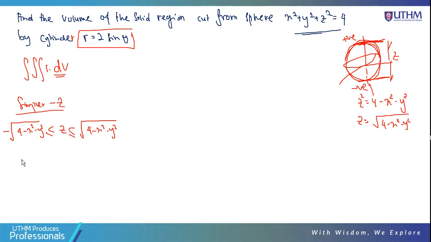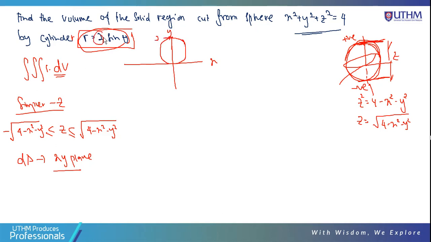So yang tinggal dA. So dA in the xy plane. So you can tengok pada cylinder, dia cut by this cylinder. So cylinder ni kalau in the xy plane, x, y, so dia circle dekat sini. Okay, circle sini akan jadi 2 lah, 2.